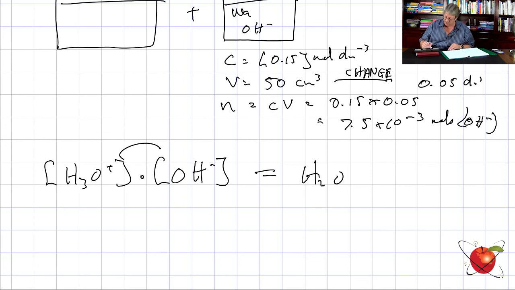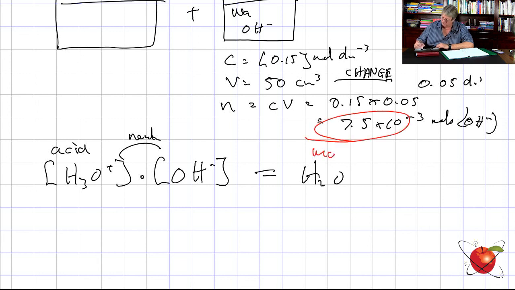I'm just saying that the acid is neutralizing the base, or the base is neutralizing the acid, to form water. Correct? Therefore, what had to happen here? Let's think. How much base did I have? This was moles of OH-.